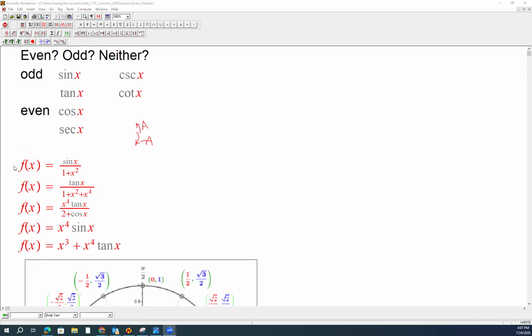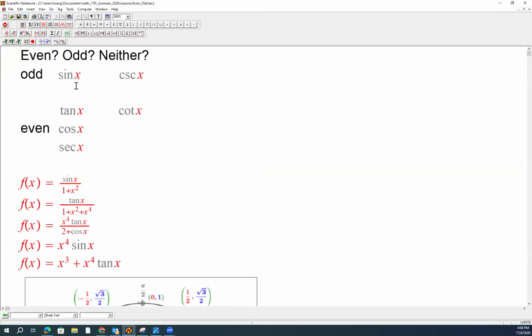Let's write the mathematical expressions of even and odd. Sine of negative x is negative sine x. In a similar way, cosecant is also odd.